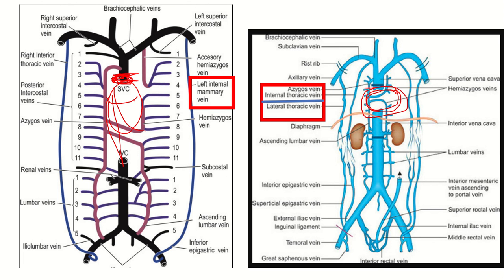So if there is any obstruction in the superior vena cava, blood drains to the lower part, reaches the inferior vena cava, and through it reaches the heart.